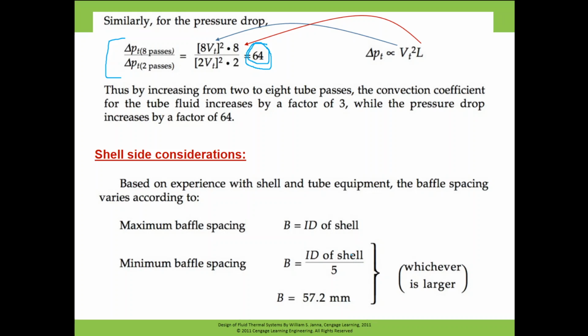So if you take the two extremes, you have baffle spacing equal to the inner diameter, and in the other case the baffle spacing equal to the inner diameter divided by 5. So you reduce the baffle spacing by 5 times, and the number of baffles is supposed to increase by the same 5 times approximately.